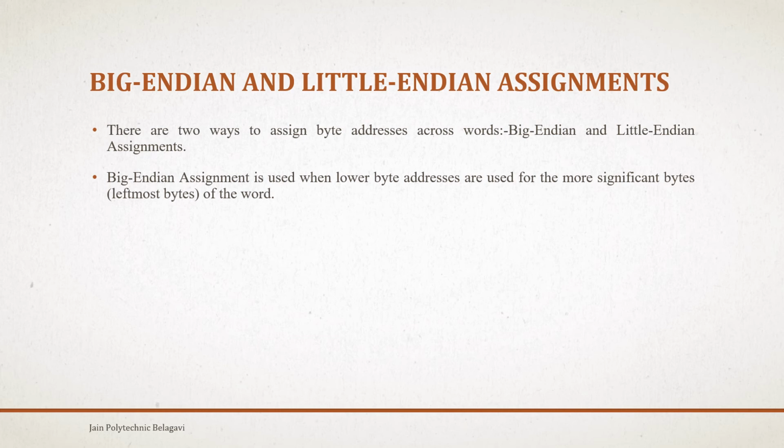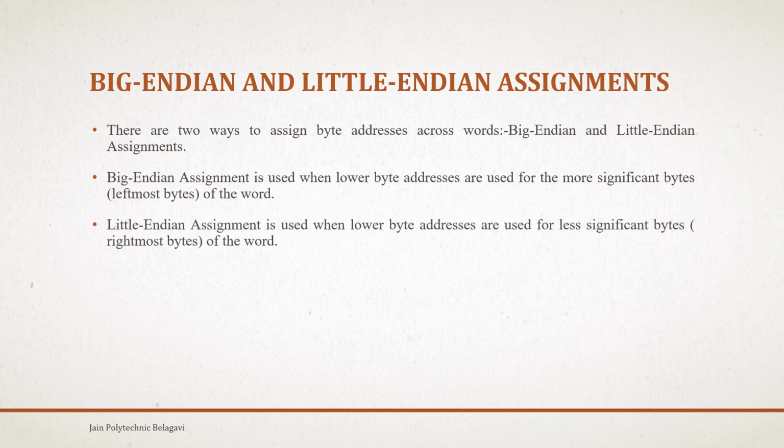Suppose the bytes are numbered 0, 1, 2 and 3. The 0th byte will be assigned at the most significant position, which means the leftmost byte of the word. Little Endian assignment is the opposite of Big Endian. Here the lower byte addresses are used for the less significant bytes, meaning the rightmost of the word.